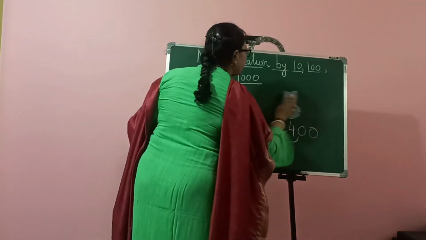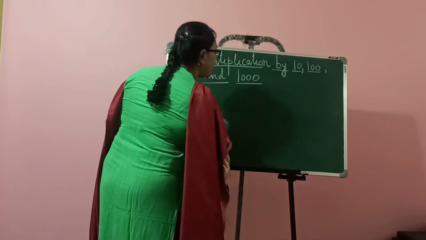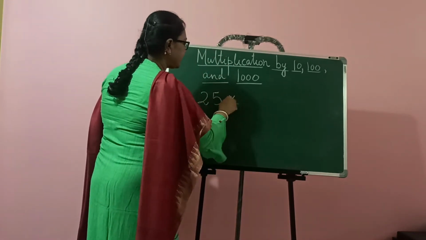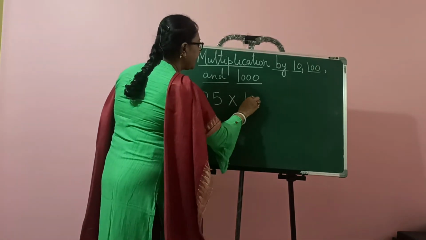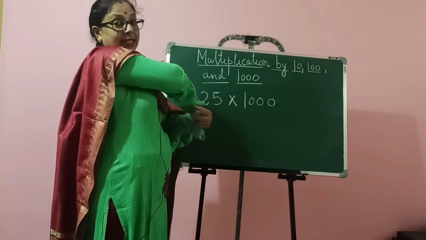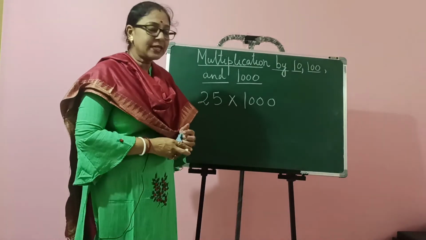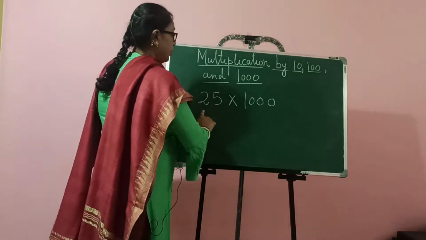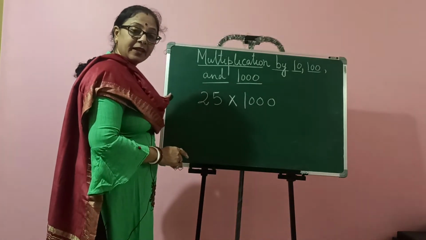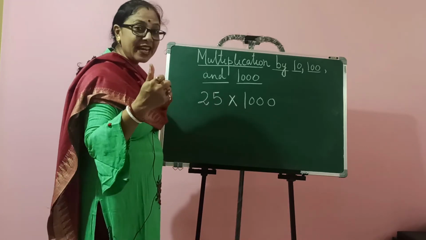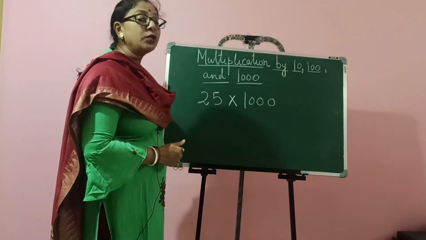Say you have to multiply a number by 1000. Say the number is 25. Let's multiply this by 1000. Now 1000 has 3 zeros at the end. 1, 2, 3 zeros. Now it may look very big, it may look very difficult, but it is very easy. That is all fun about 0.